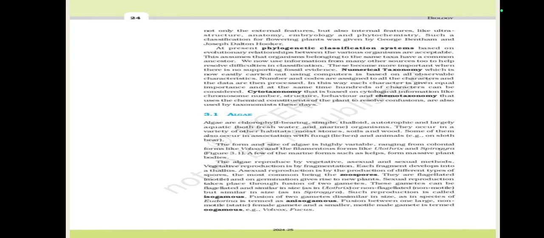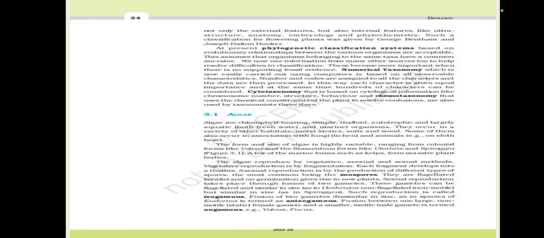Numerical taxonomy, which is now easily carried out using computers, is based on all observable characteristics. Numbers and codes are assigned to all characters, and the data are then processed.